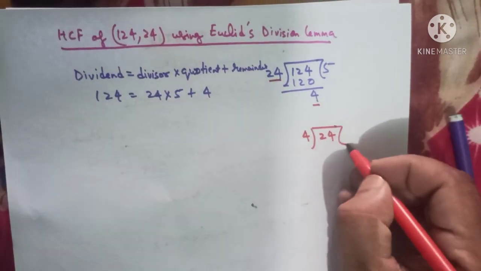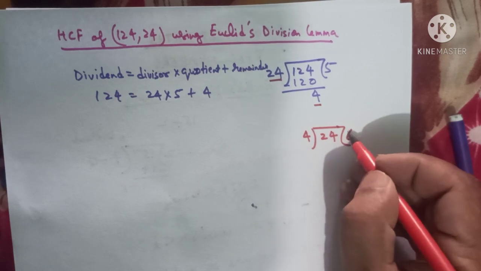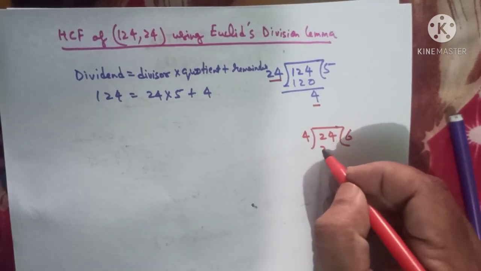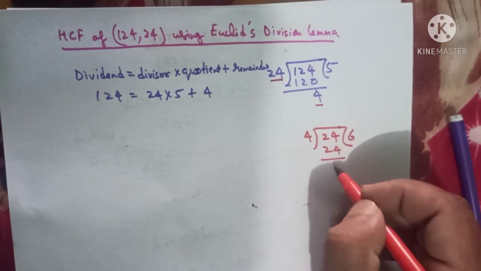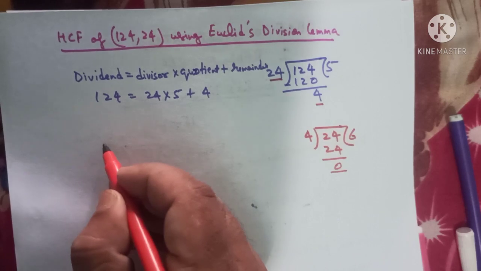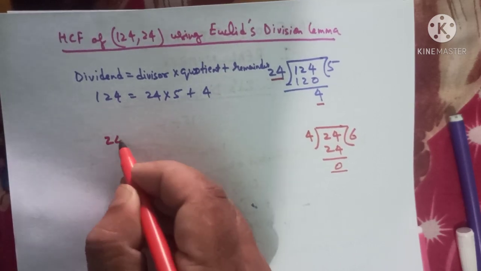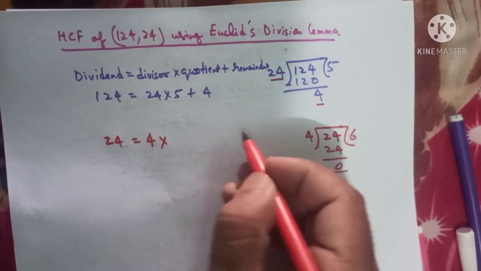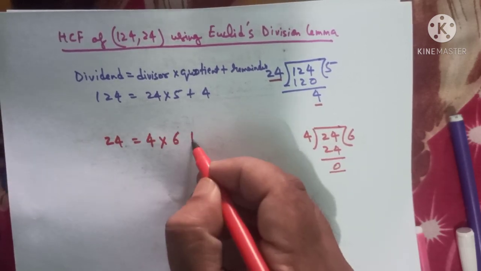So again 4 7s are 20, 4 6s are 24. So we have got the remainder 0. So again dividend 24 is equal to divisor 4 into quotient 6 plus remainder 0.